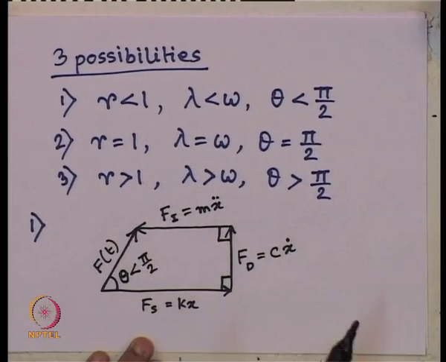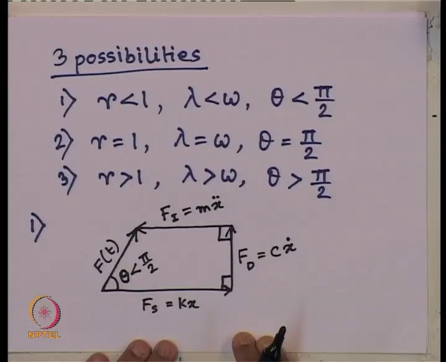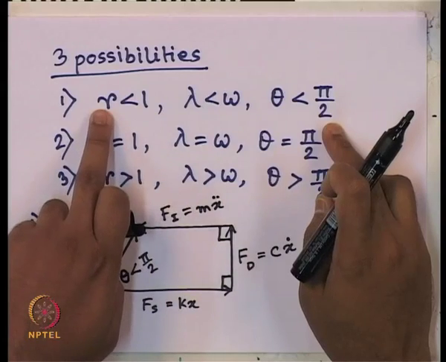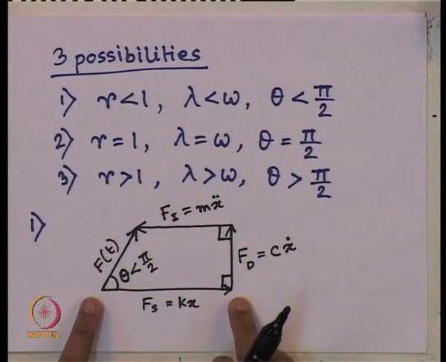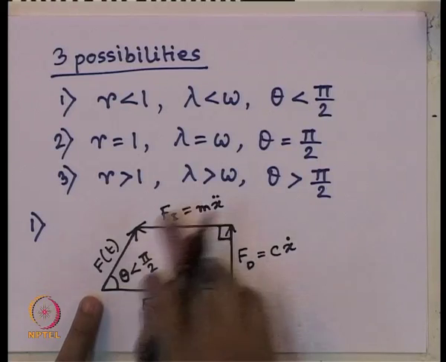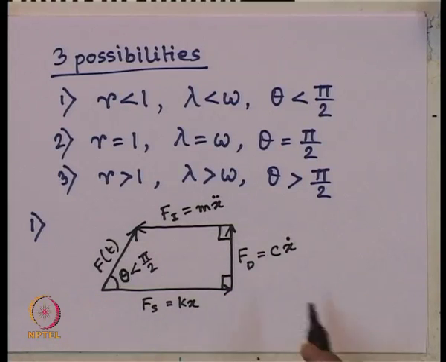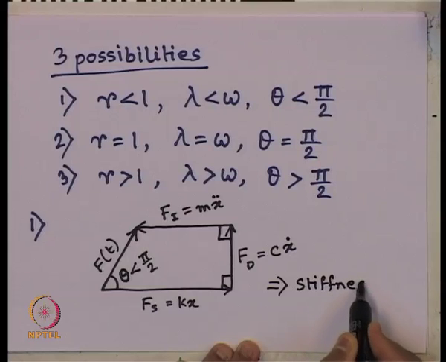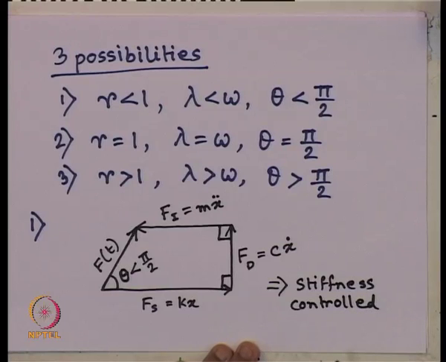So, from this Maxwell diagram, this force diagram, what we can see, which force is maximum among these forces? F s. Am I right? To make this angle theta less than pi by 2, which satisfies this condition, we need this force to be maximum among the three. That is the meaning that this is a stiffness controlled zone.